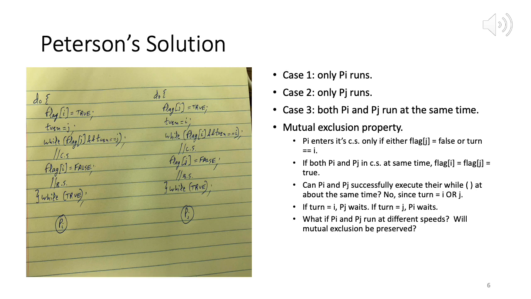So I've just written the code for both PI and PJ, and then we discuss these cases. Ultimately what we have to see is whether the solution satisfies all the requirements for the critical section problem. So is mutual exclusion guaranteed? Is the progress condition guaranteed? Is the bounded waiting guaranteed?